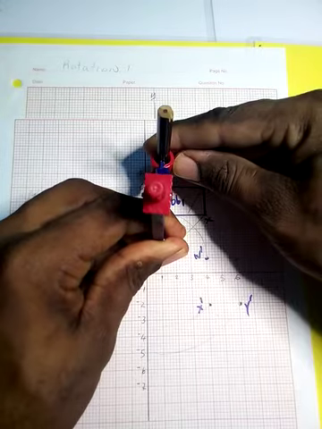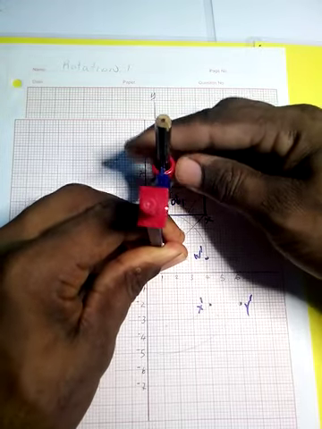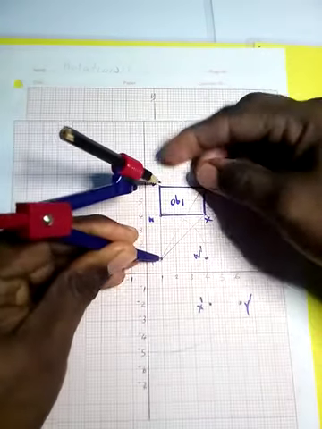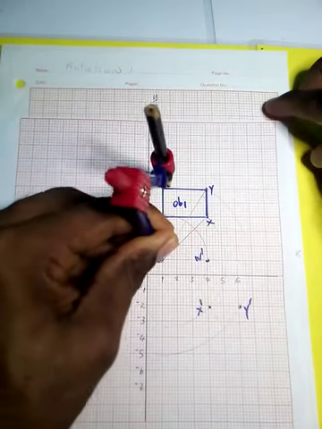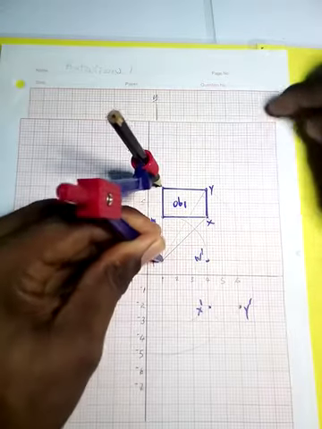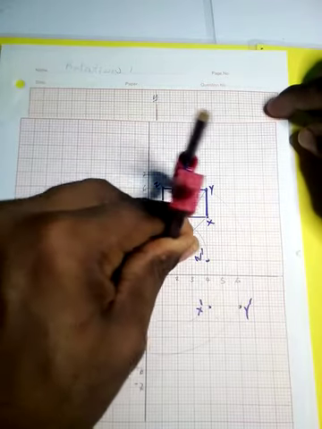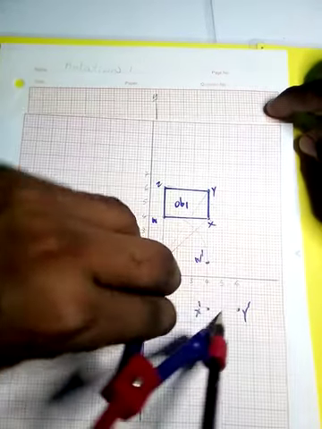Make sure we get our distance properly. So see, it's open to the distance. Then we swing. It's a little bit more there. And we swing clockwise.